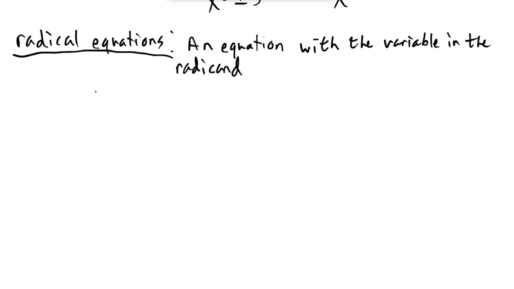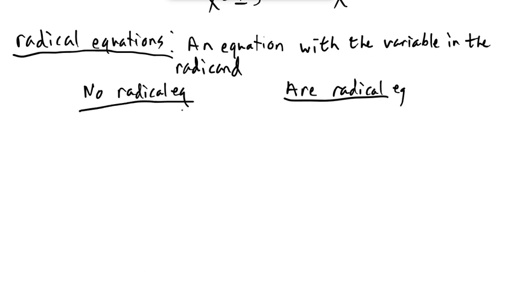So here are some examples of some things that are not radical equations and some that are. The square root of x would not be a radical equation. Why is this not a radical equation? It's not equal to anything. What would be is the square root of x is equal to 1.